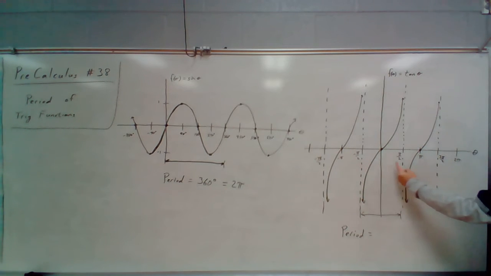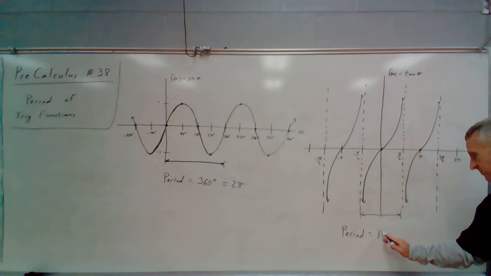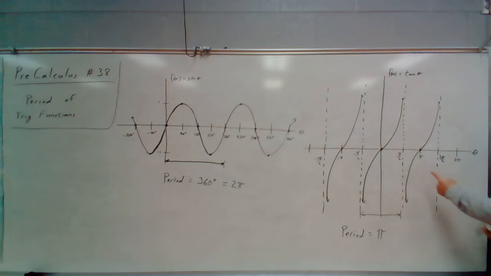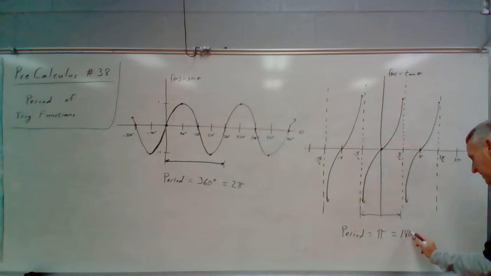That's from negative pi over 2 to pi over 2. So this distance would be a full pi. So the period would be pi. Or you can look at it here from half a pi to 3/2 of a pi, which would be 2 pi over 2, or pi. And of course you could write that in degrees. That would be 180 degrees.